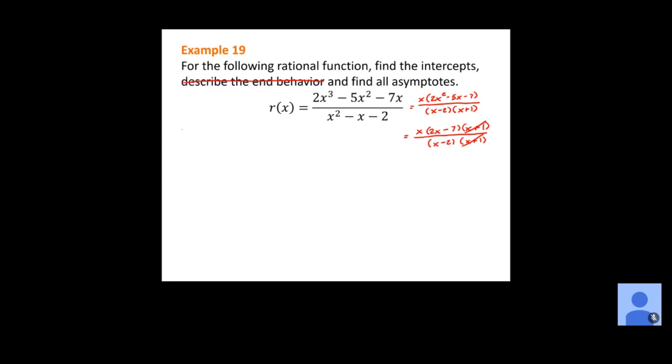Okay, good. So if you want to find, in this case, the x-intercept, we're going to let y equal 0, which means we're going to set what equal to 0 this time.